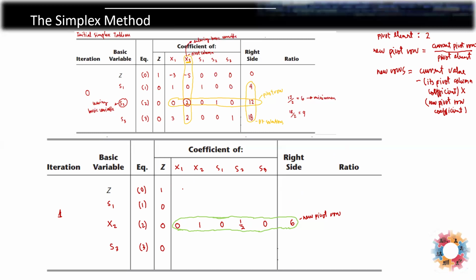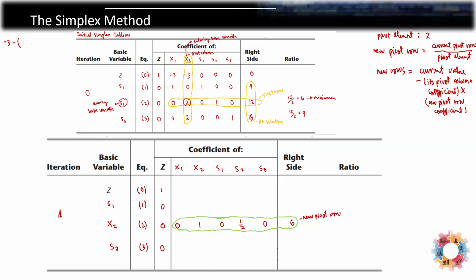Corresponding to x1, you have -3, that's the current value in that row, minus its pivot column coefficient.